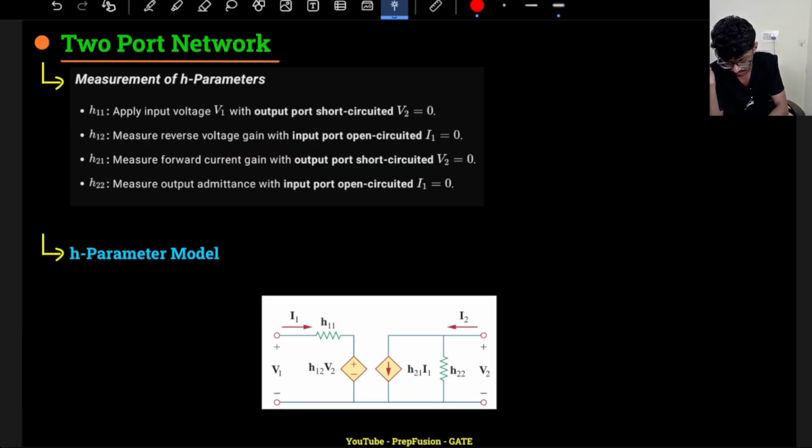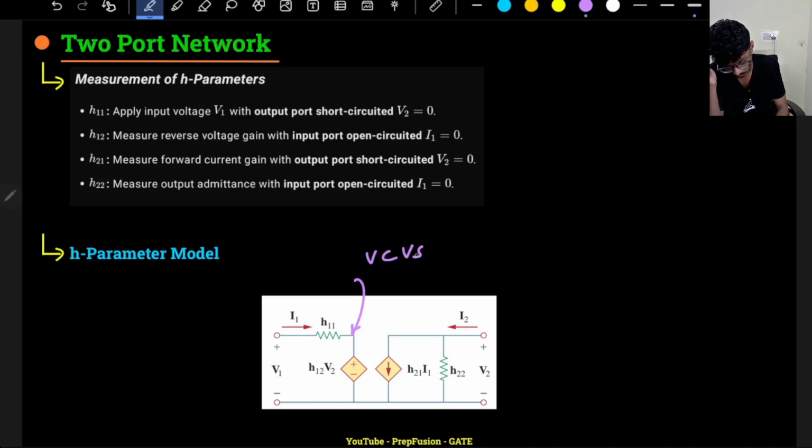So basically, the input side of the model has a voltage controlled voltage source, and this is a current controlled current source. Why is that the case?